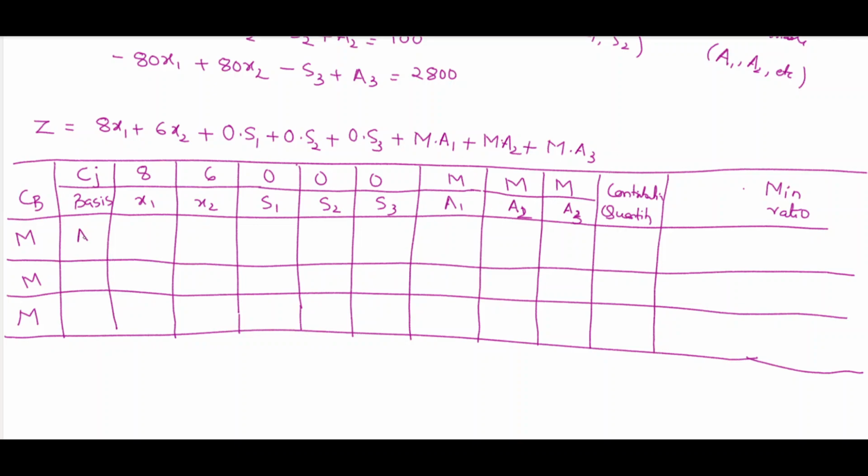They are A1, A2, A3. Whereas in case of maximization problem, it used to be S1, S2, S3, and its coefficient used to be 0, 0, 0 at the initial stage.